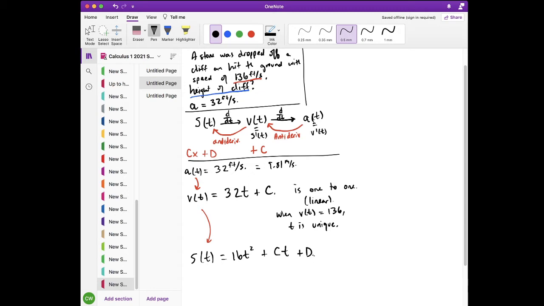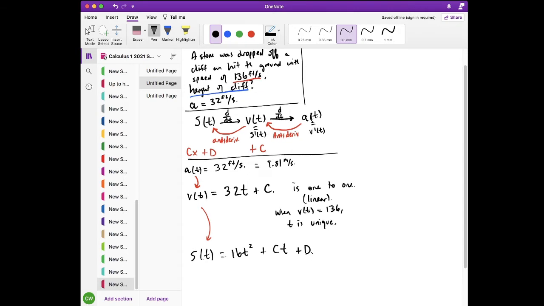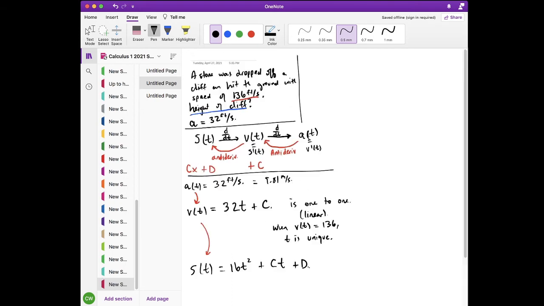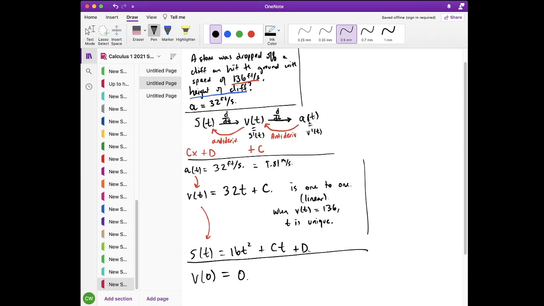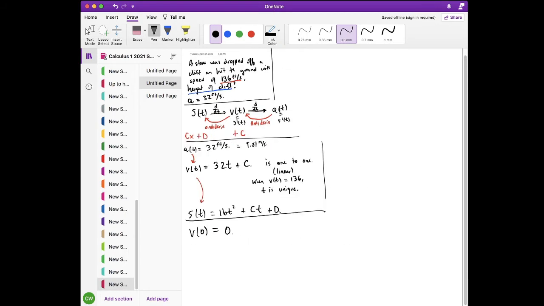Okay, so let's think about some facts. What's v of 0? What do you think v of 0 is? Why is it 0? All it says is the stone is dropped off a cliff, right?